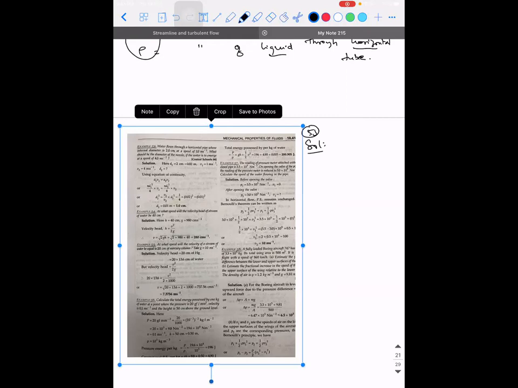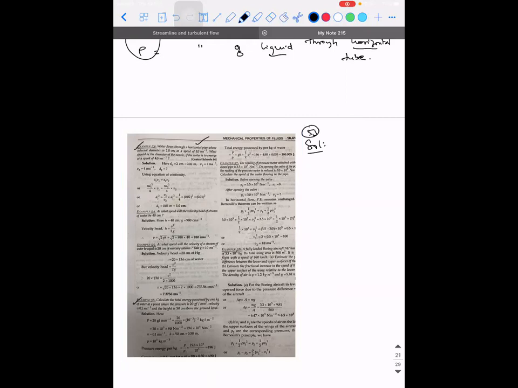The velocity with which it is supposed to emerge is 4 meter per second. So logically think and tell me, should the diameter increase or decrease?